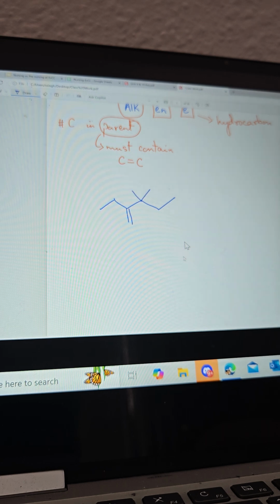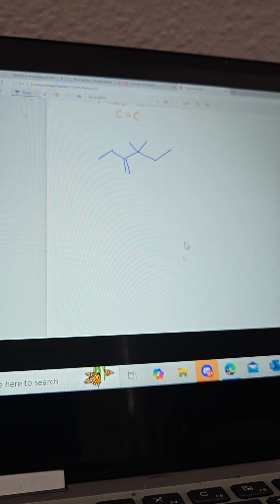Okay, let's see. The first step is for us to figure out the parent, and the parent has to be the longest chain of carbons that contains the double bond. That's the important part. It must contain the double bond.